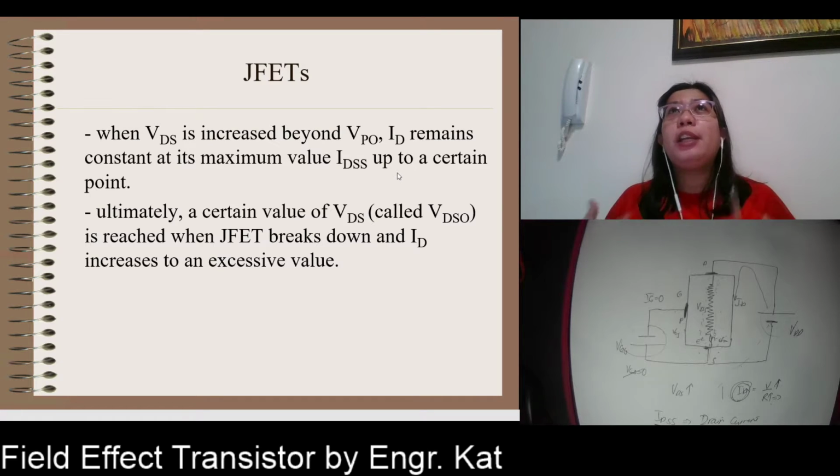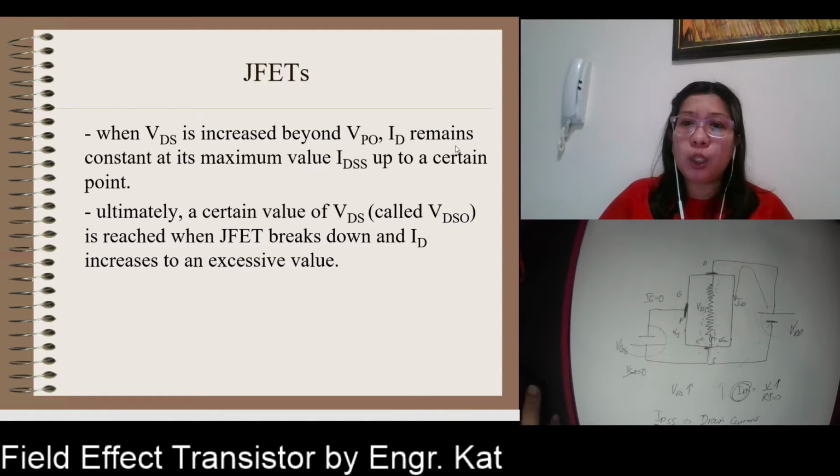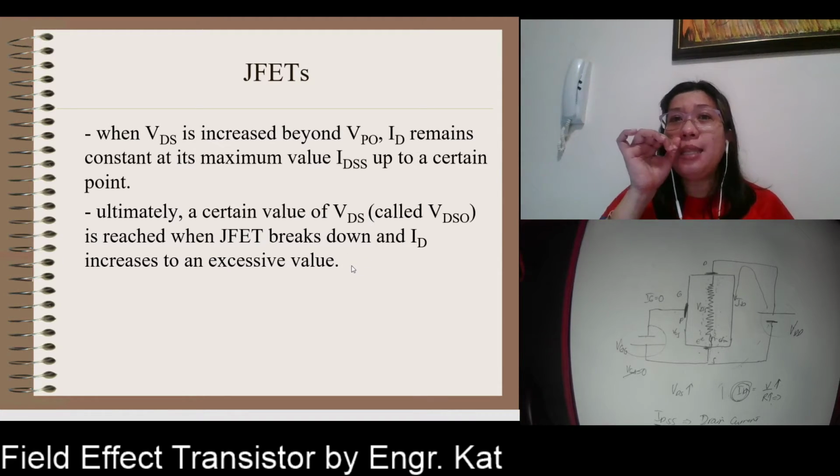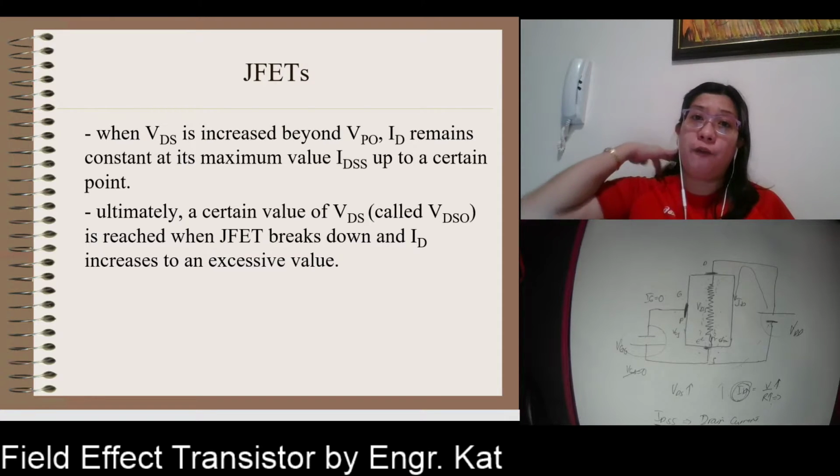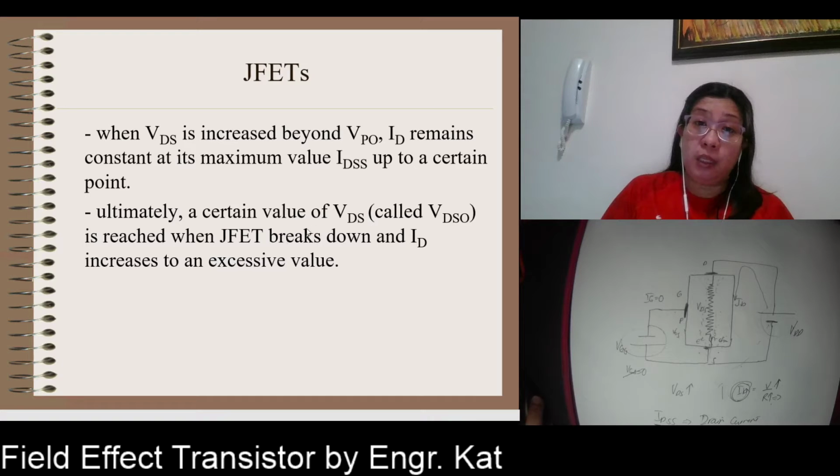Further increasing this, ultimately a certain value of VDS called VDSO is reached when the JFET breaks down and ID increases to an excessive value. Since IDSS must be the maximum value, increasing beyond it means the end of life of your JFET. We have to take note of this. When this happens, your JFET is already broken.